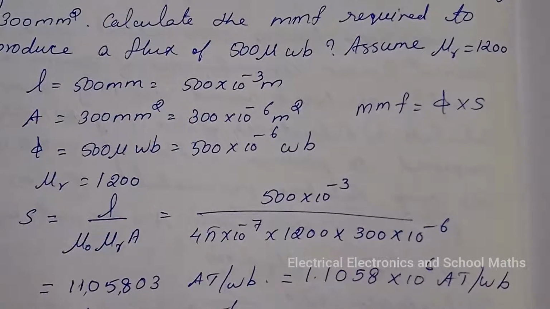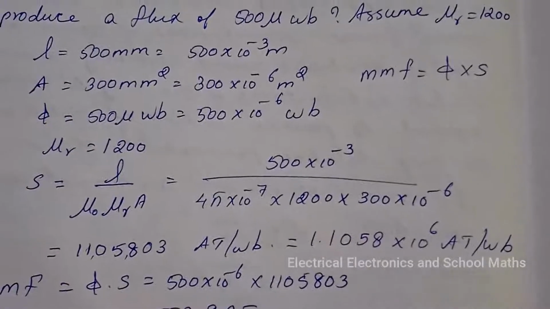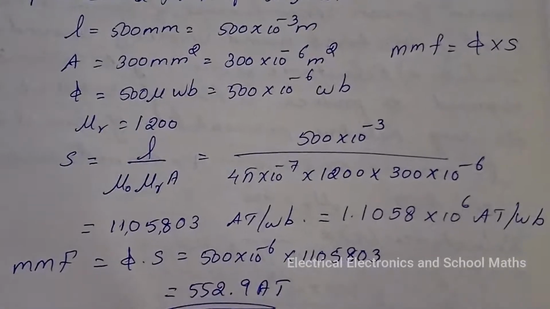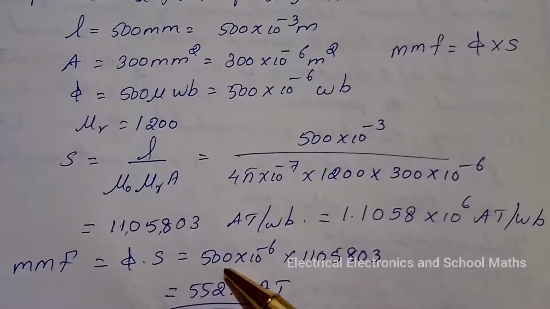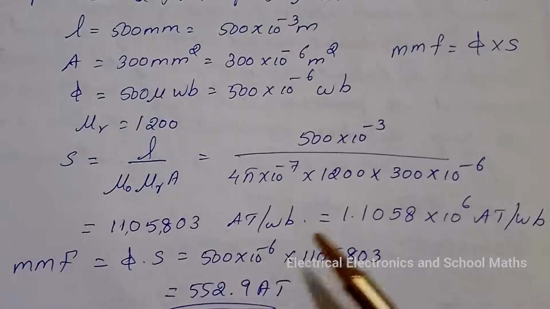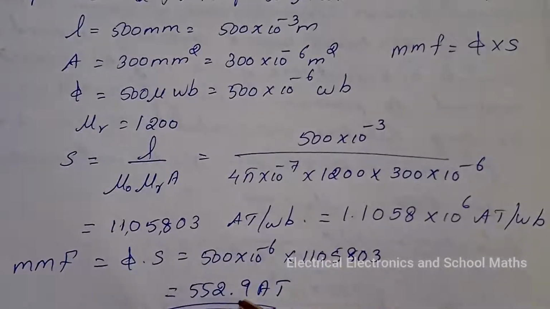Now we can find mmf using the equation mmf equal to phi into S. Phi is given as 500 into 10 raised to minus 6 into the reluctance value, and we get 552.9 ampere turns. The unit of mmf is ampere turns.